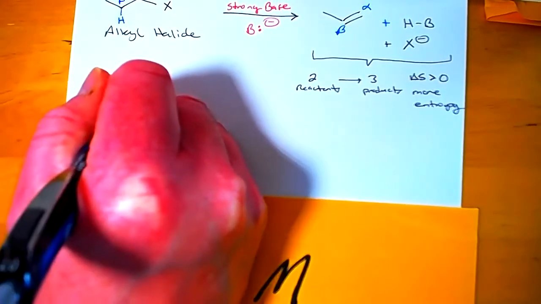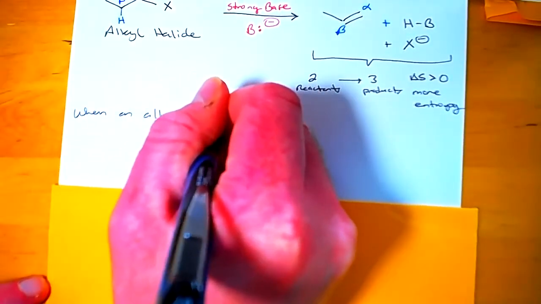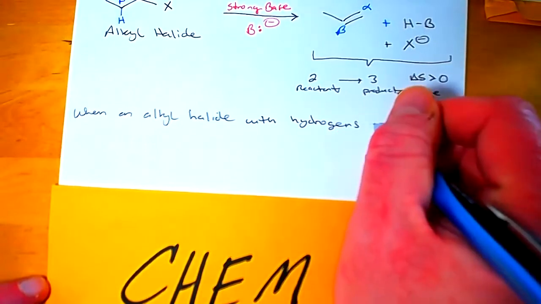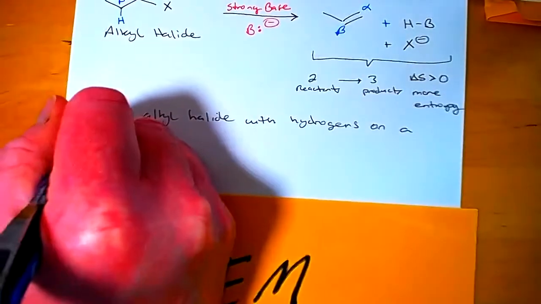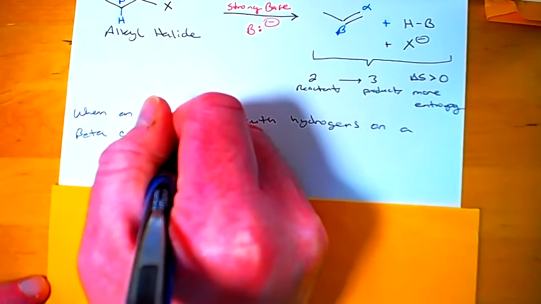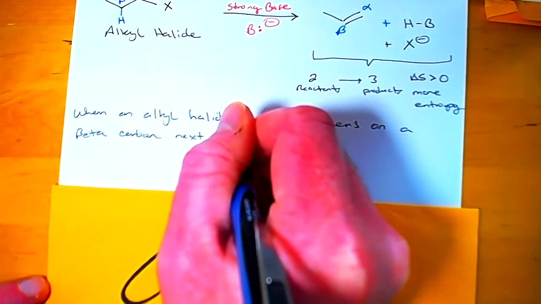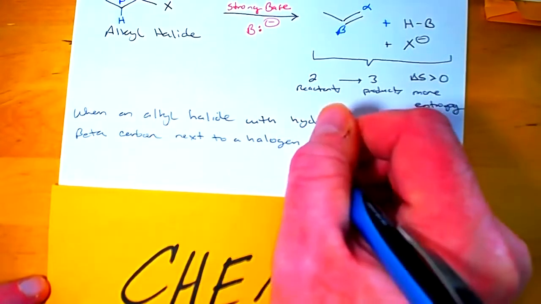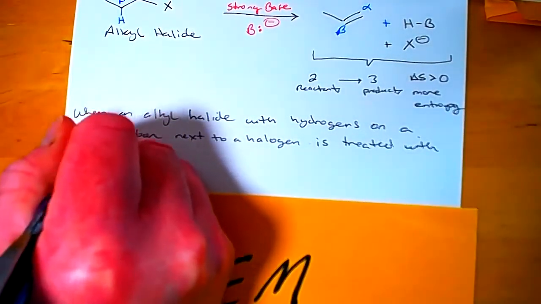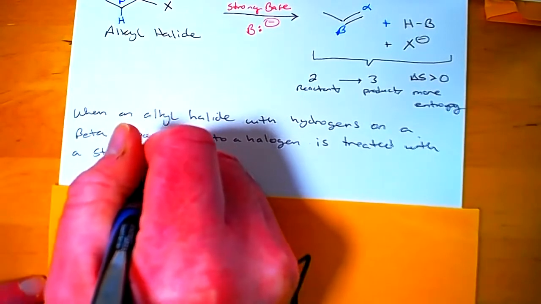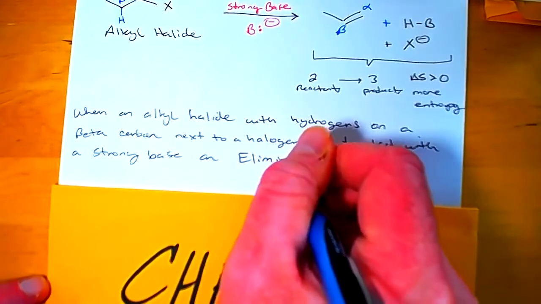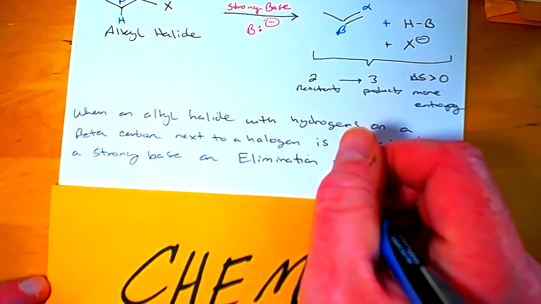So when an alkyl halide with hydrogens on a beta carbon, which we've now explained, next to a halogen, is treated with a strong base, what we call elimination can occur.